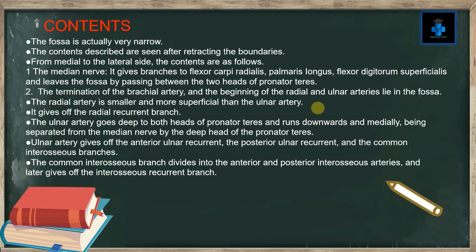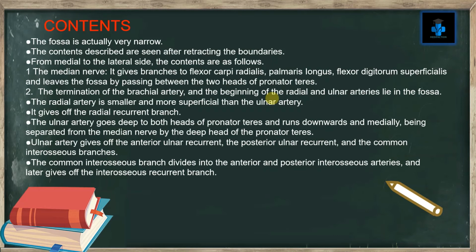The radial artery is smaller and more superficial than the ulnar artery, so we call it superficial radial artery. It gives off the radial recurrent branch. The ulnar artery goes deep to both heads of pronator teres muscle and runs downwards and medially, being separated from the median nerve by the deep head of the pronator teres muscle.